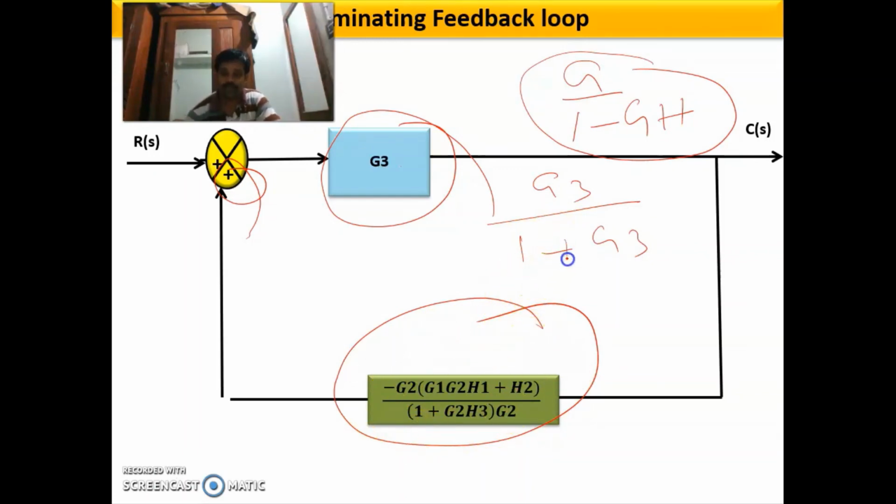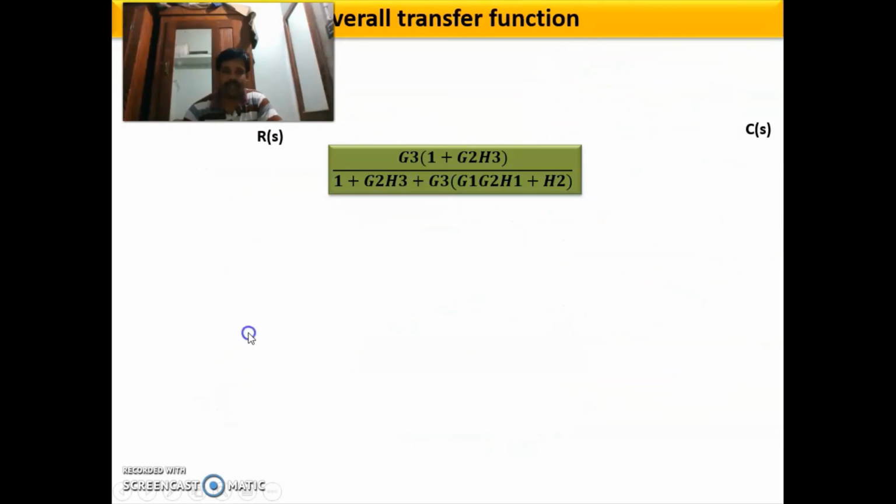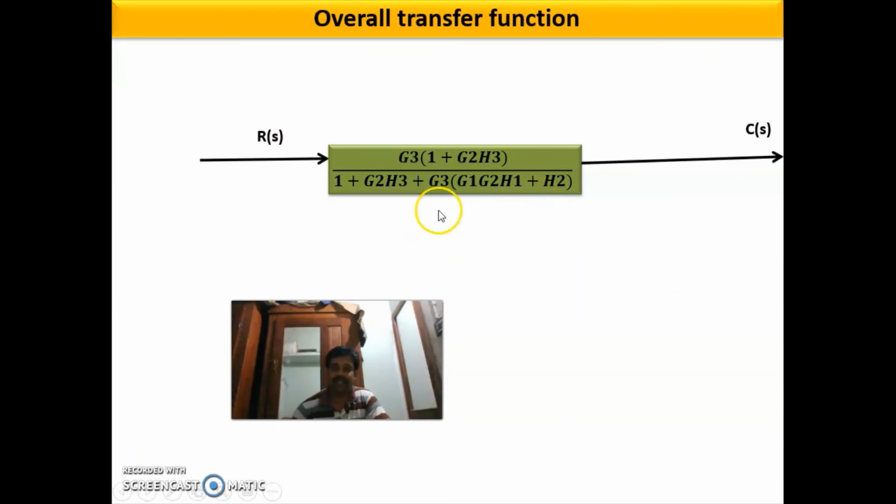So the G2 and G2 cancel. So minus of G3 into minus of G1, G2, H1 plus H2 divided by 1 plus G2 H3. You have to take the LCM, and after simplification you'll be getting G3 into 1 plus G2H3. So this is the overall transfer function for case 2.